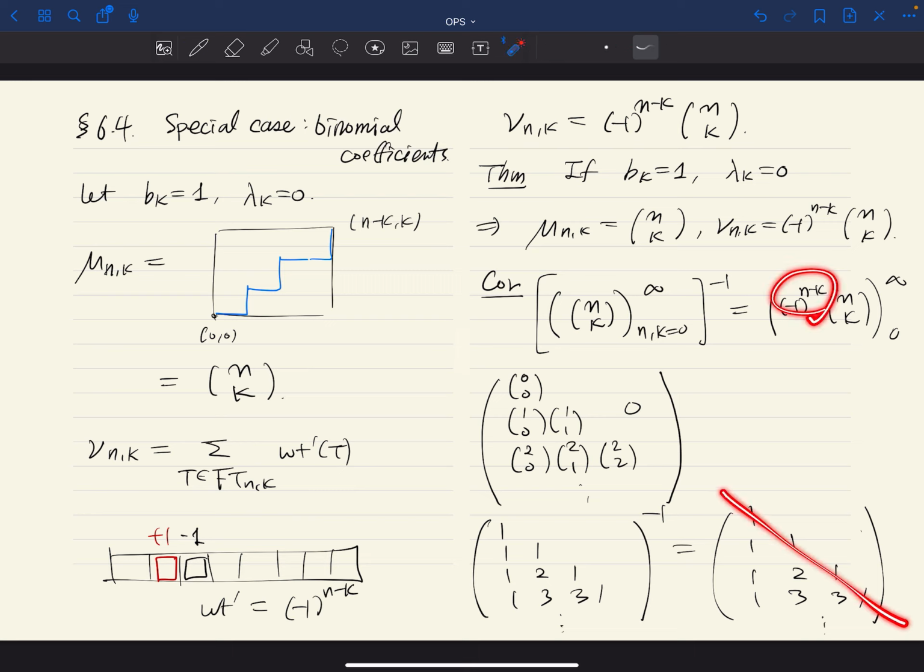The diagonal has the same sign, then the signs alternate: minus, minus, minus. So we have a nice relation between these two matrices. The matrix of Pascal binomial coefficients is invertible, and this inverse also has binomial coefficients.